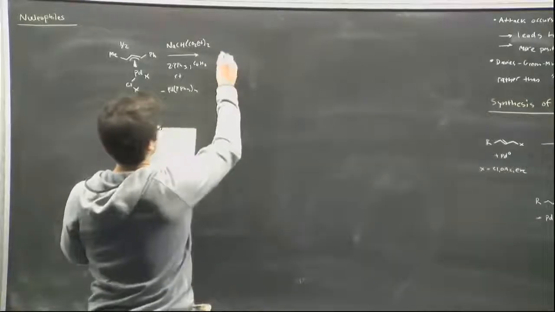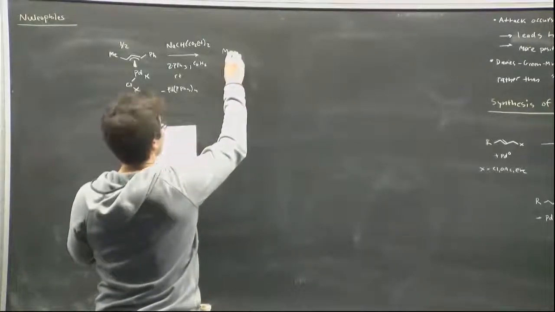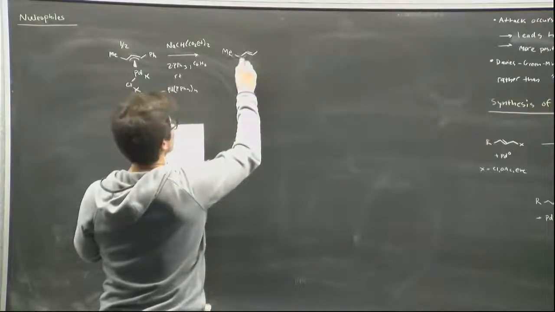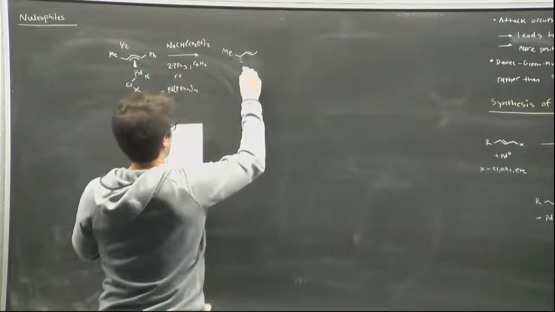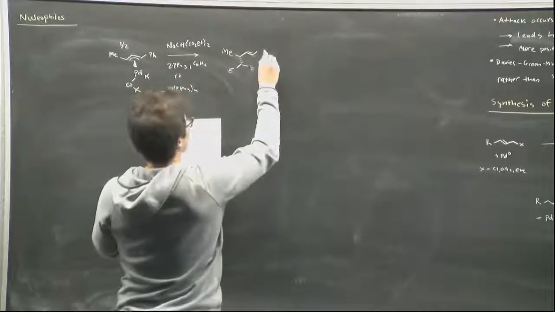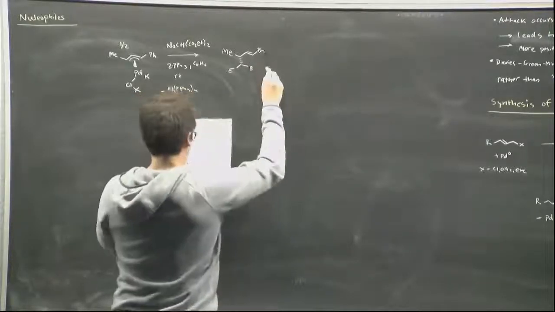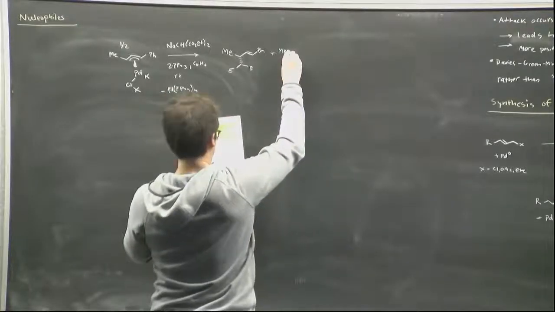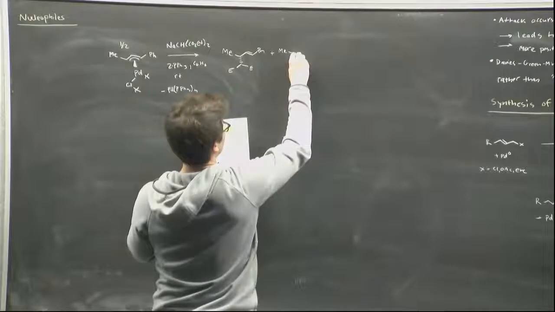So if one takes an enantio-enriched allylic species, and with soft nucleophiles, you get inversion. In this case, both of the regioisomers are observed.